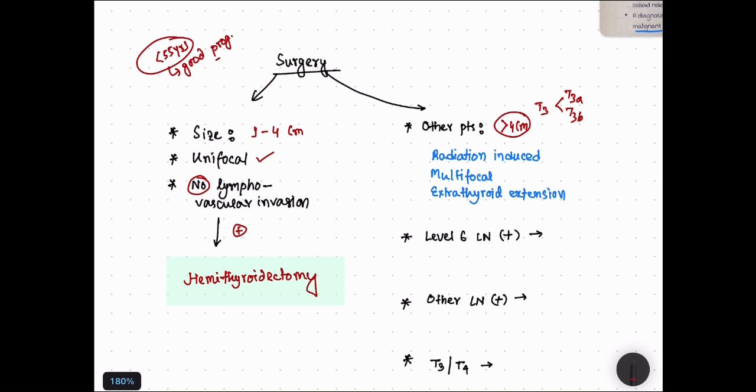T3B is any tumor extending into the strap muscles, the sternothyroid and sternohyoid. Extrathyroidal extension involving structures other than the strap muscles is T4. If this is T3 or T4, then we have to perform total thyroidectomy. We cannot go for hemithyroidectomy. If there is radiation exposure, that is radiation induced, which I already told you is an aggressive variety, then also you have to go for total thyroidectomy.